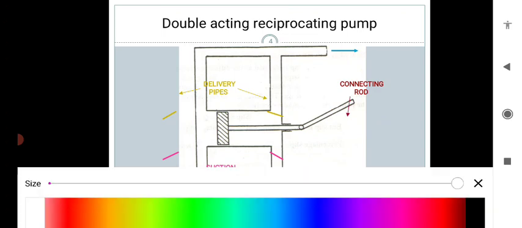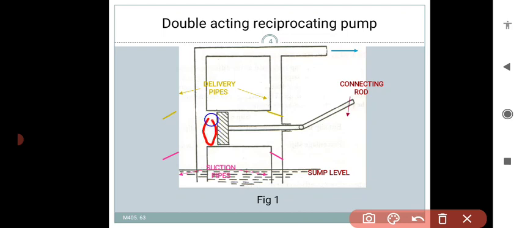In the double acting reciprocating pump, the liquid acts on both sides of the piston. That means the liquid acts on the left side and the right side of the piston.